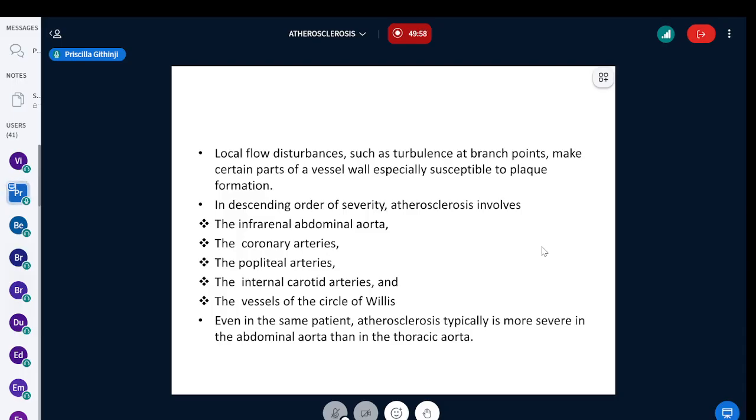That's why the other common manifestation of atherosclerosis is cerebrovascular disease, where they get strokes. Even in the same patient, atherosclerosis typically is more severe in the abdominal aorta than in the thoracic aorta, and a patient can have atherosclerosis in all of these blood vessels, but it will be more severe in certain blood vessels than others.